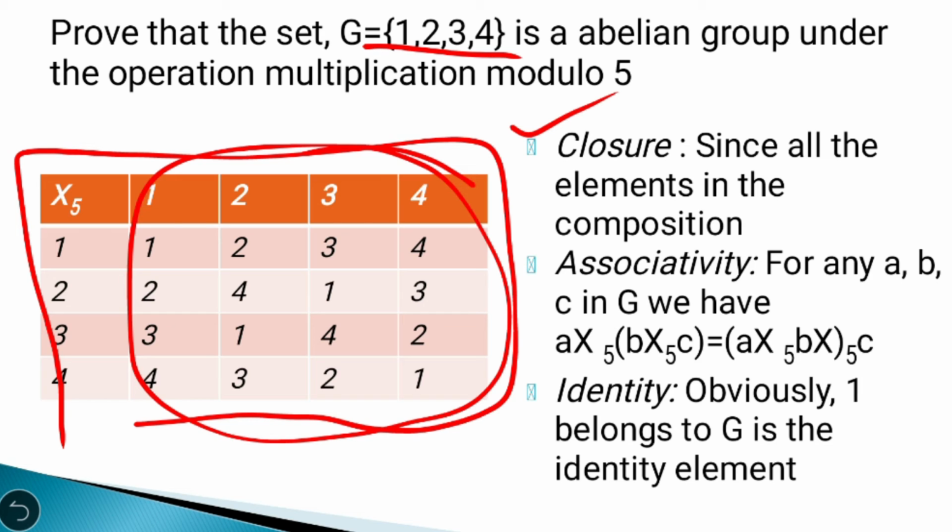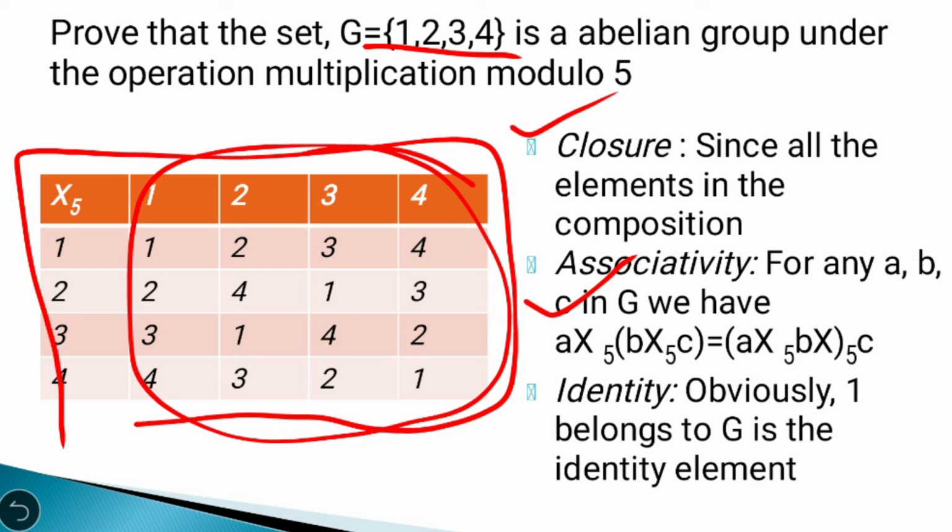Next property is associativity. For any a, b and c in G, we have a ×5 (b ×5 c) equals (a ×5 b) ×5 c. You can easily verify this by using this table. That means the associativity property also holds.